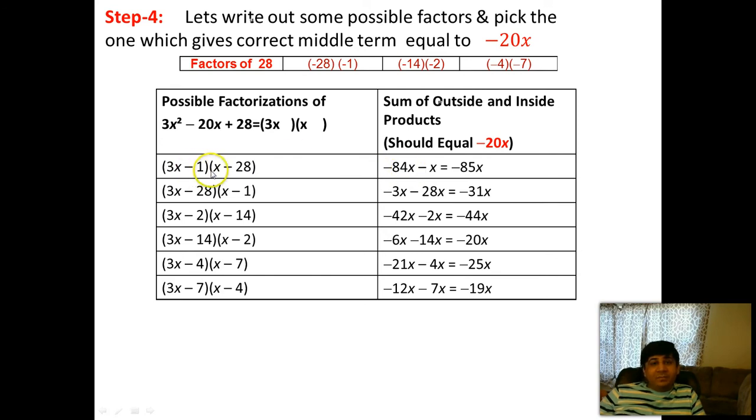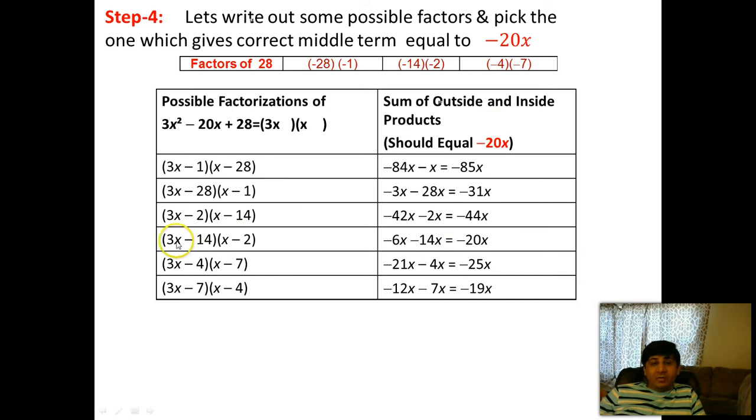The product of the inside is minus 1 times x, which is minus x. It gives us minus 85x. But what we need is minus 20x, not minus 85x. So this one is definitely wrong. This one is also wrong, that gives us minus 21x. This one is also wrong, that gives us minus 44x. How about this one? Minus 20x. That's what we want.